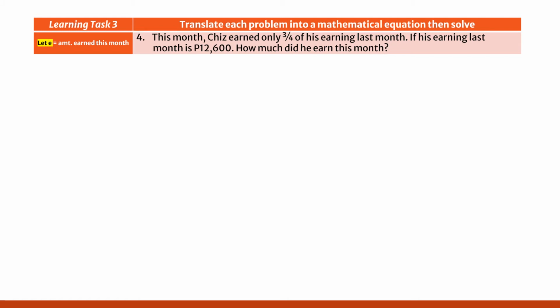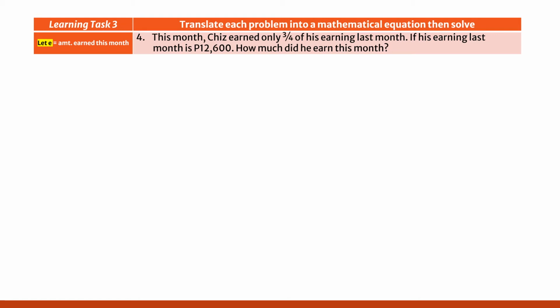Problem number 4. This month, Cheese earned only 3/4 of his earning last month. If his earning last month is 12,600 pesos, how much did he earn this month? So since we are talking of earnings, let E be equal to the amount earned this month. So paano natin ngayon ito gagawan ng equation?